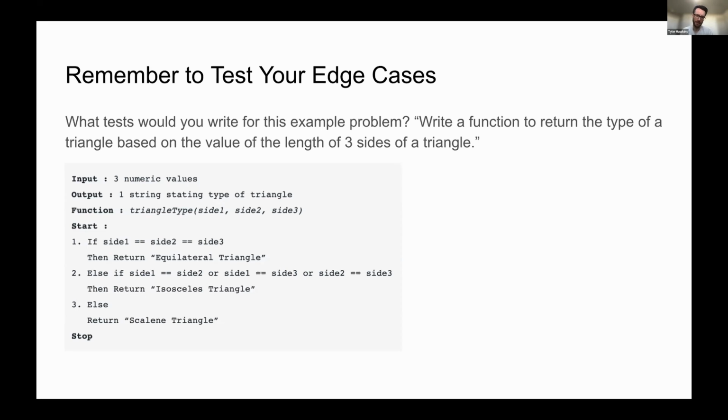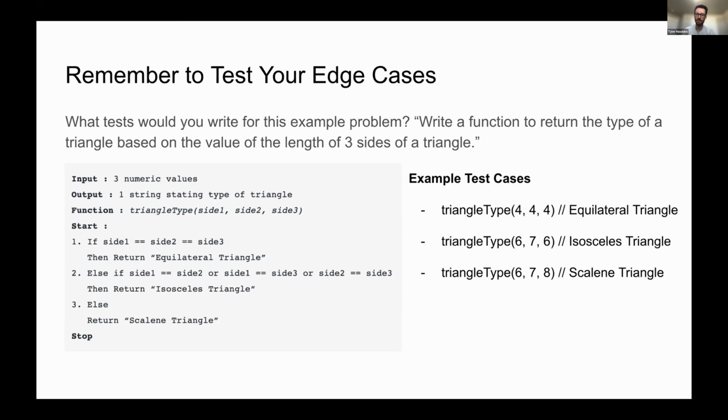If we were to think about what tests we would write for this example problem, some that might come to mind is maybe you would write these 3 tests. Maybe you would write one for triangle type 4, 4, 4, and you would make an assertion that running the function with those arguments returns equilateral triangle.